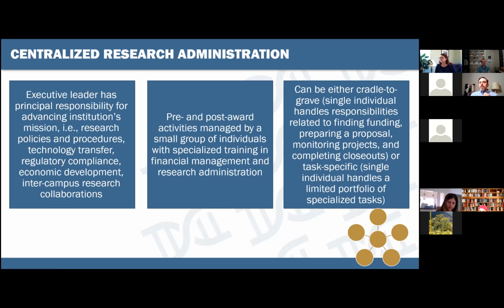In these models, you might hear it referred to as cradle to grave, or from start to finish. These central offices oversee the project and provide both support and compliance in one office for the whole institution, or a couple of small offices for the entire institution, rather than having the support working closely with the investigator day to day. And we'll talk about the benefits of both of these models as we go on.